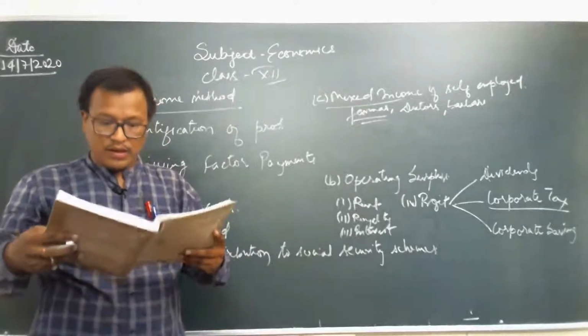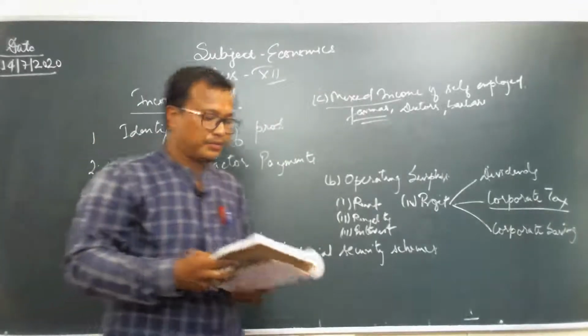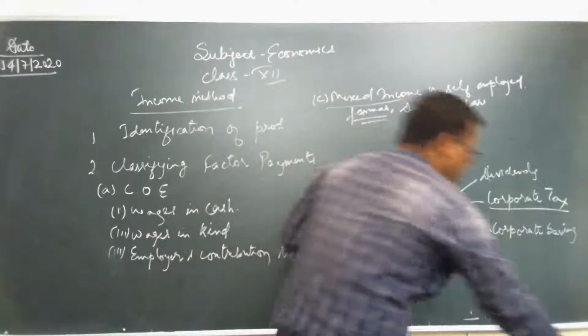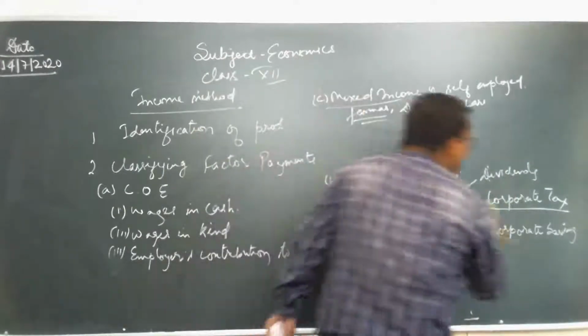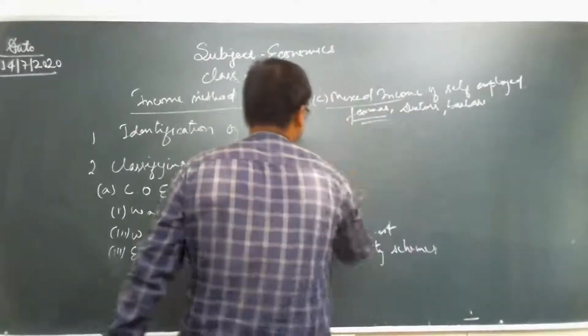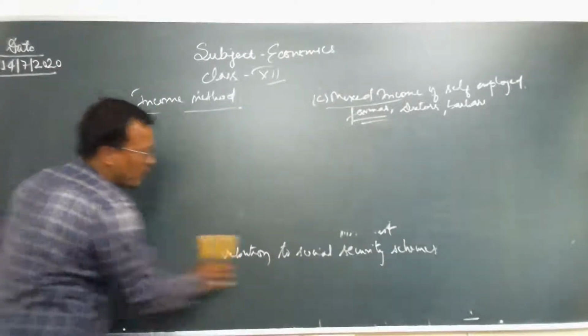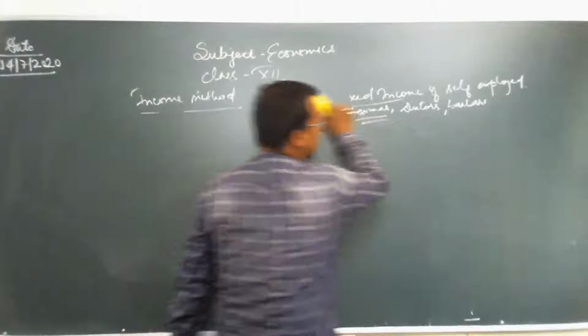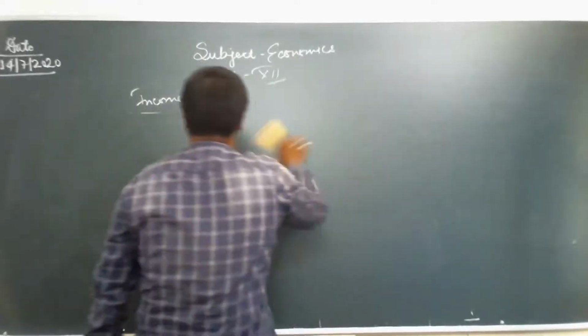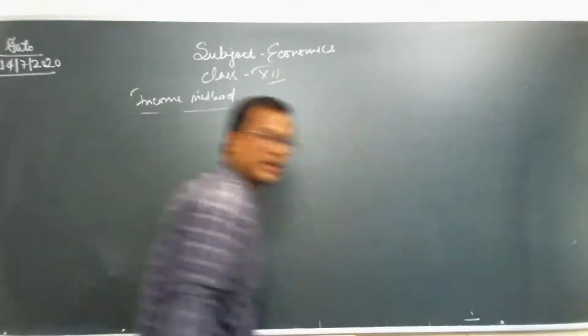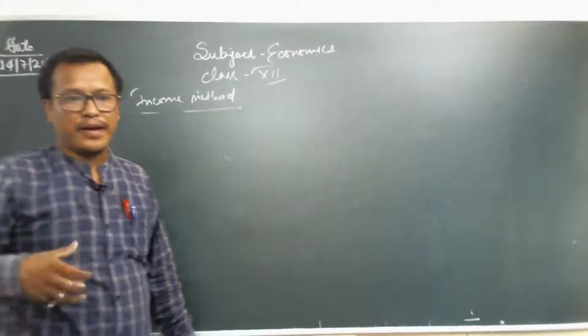Now let's come to the point where, these are the factors which we have to keep in mind while calculating national income in the income method. So in the income method, these factors we have to keep in mind.